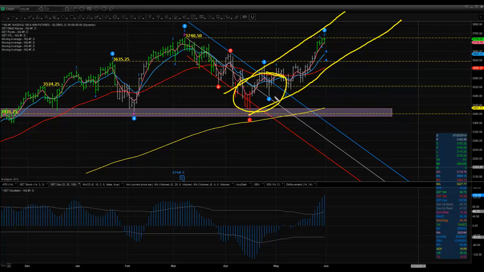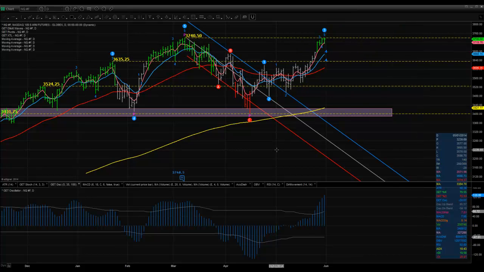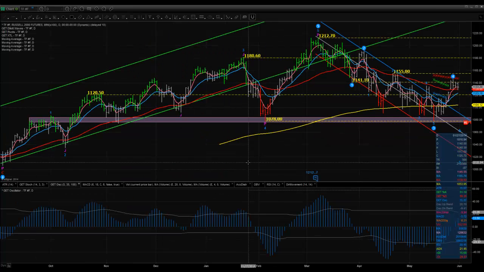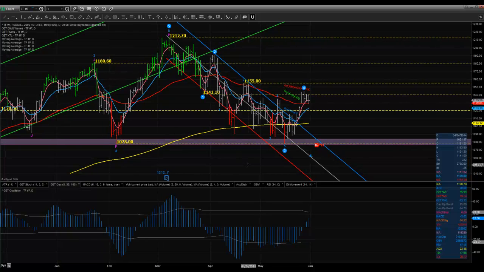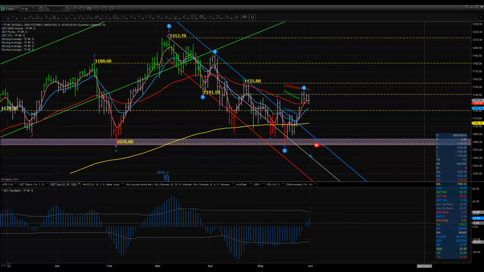Now, I'm going to show you the Russell chart, and you will see we're trying to make this breakout, but we haven't really done it yet. So if we look at the Russell right here, there we go. You can see there's that down move. And there are key points, and I highlighted this last week. You can see the lower lows that we've made here, and clearly the lower highs that we've made as we come down.